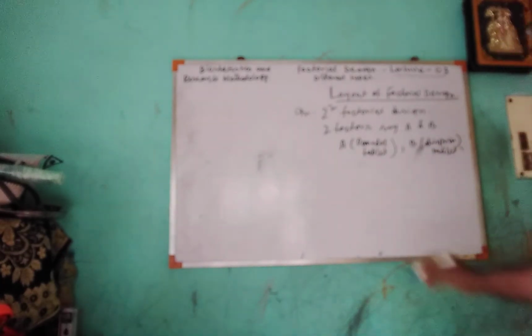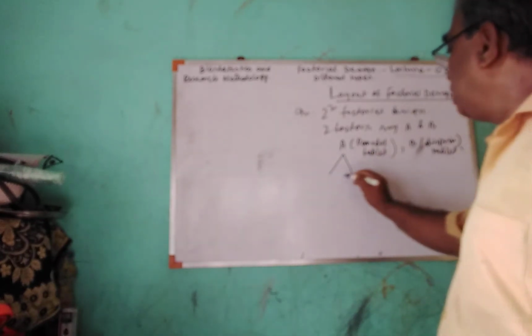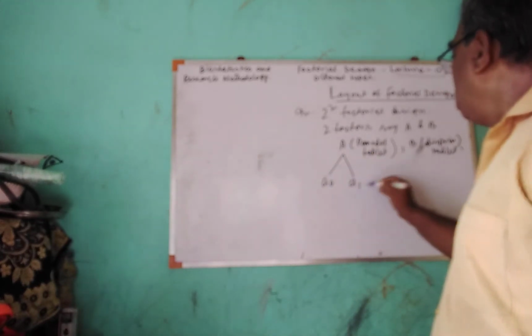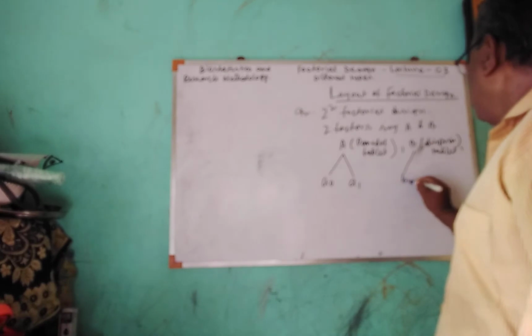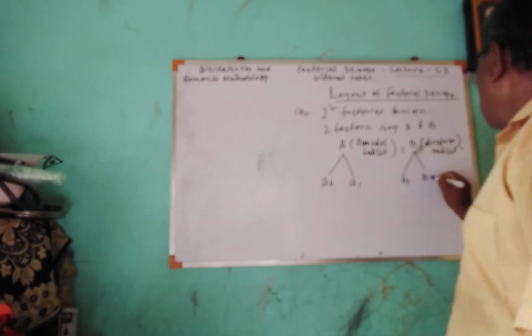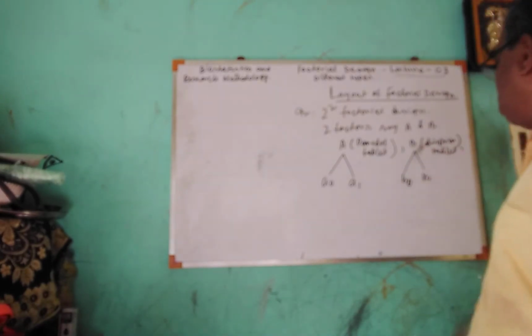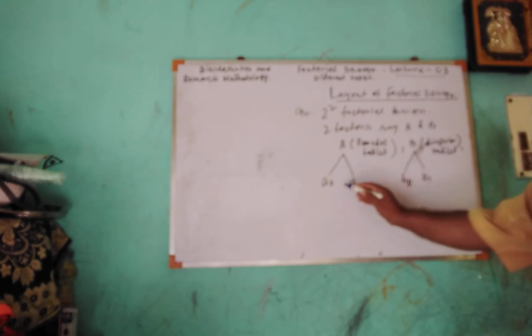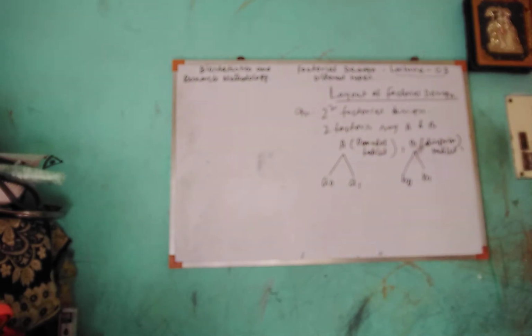So factor A has 2 levels, that is A0, A1. This is B0, B1. A0, A1 is the factor of Panadol tablet.